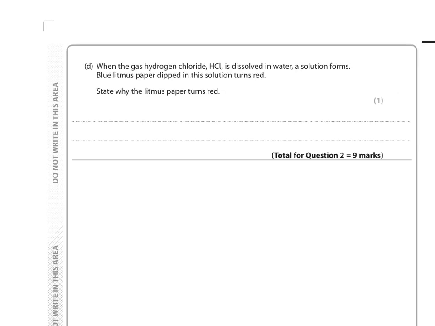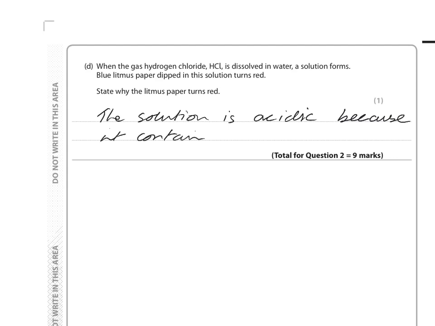Part D says, when the gas hydrogen chloride HCl is dissolved in water, a solution forms. Blue litmus paper dipped in the solution turns red. State why the litmus paper turns red. Well, you'd have got the mark if you just put the solution is acidic, and it's acidic because it contains hydrogen ions, H plus ions.